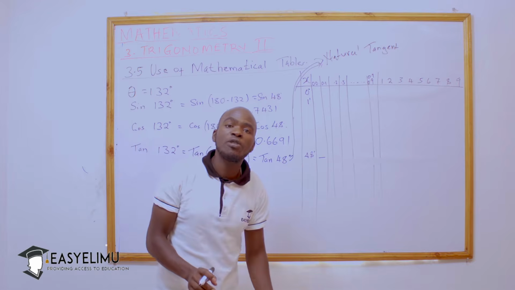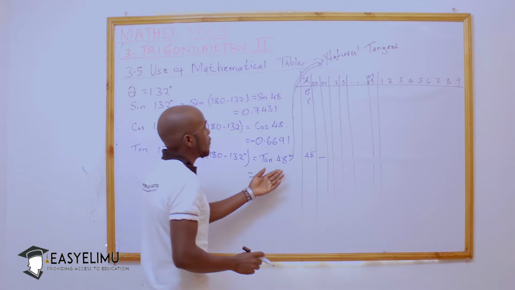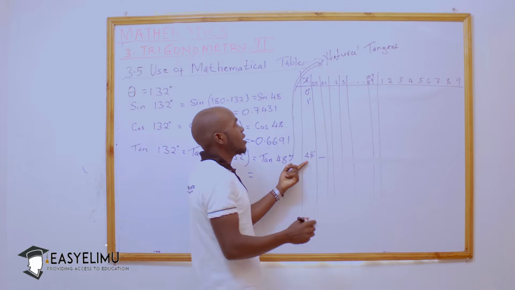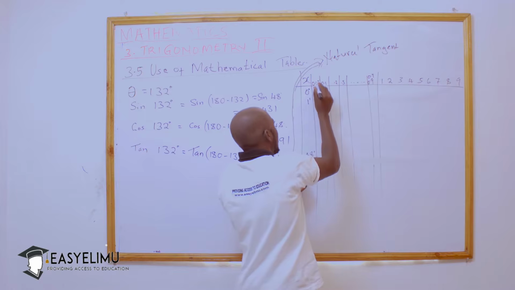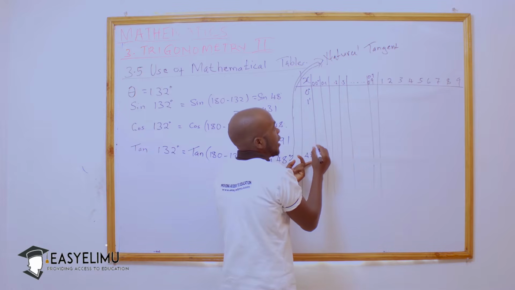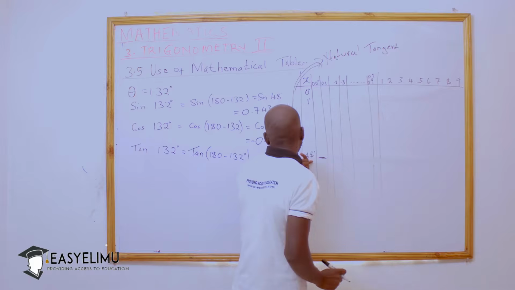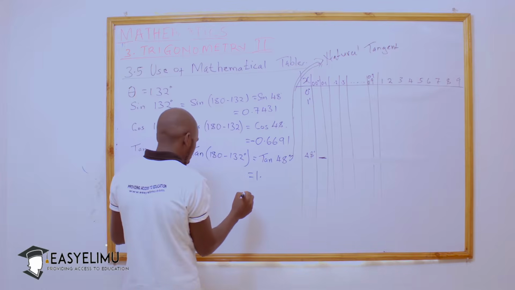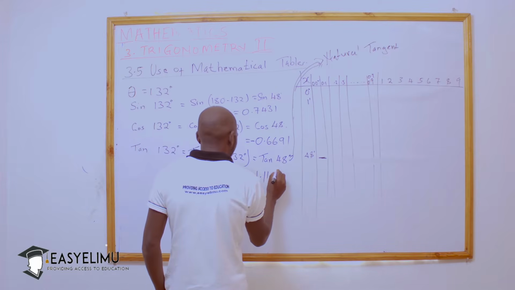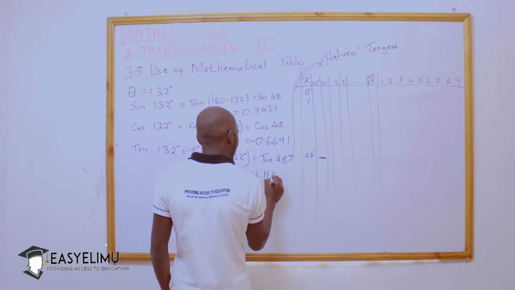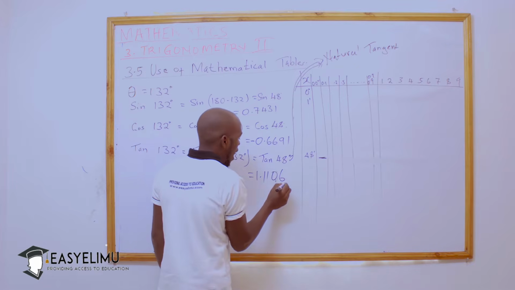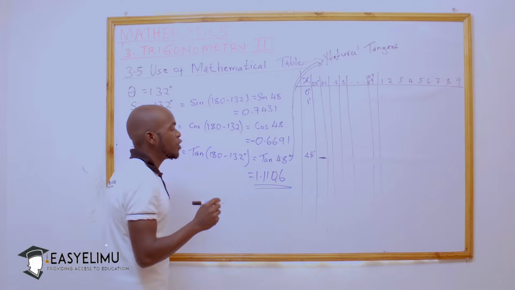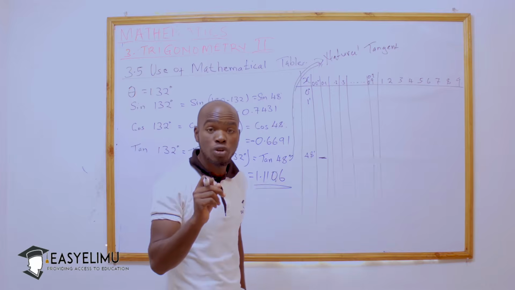If you use the table of natural tangents, you go where 48 degrees is, then you view where it is 0.0, and read the answer which you will find under the table of natural tangent. This one here is going to give you 1.1106, and this is the value of tan 48 degrees as an acute angle.